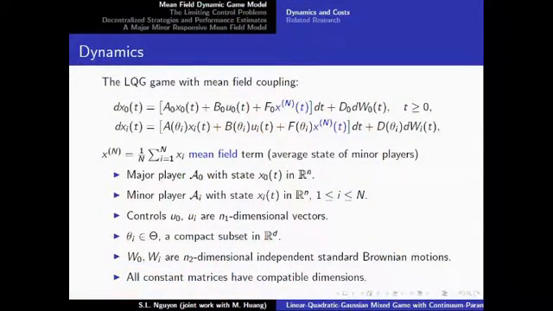Let's consider the dynamics of the players. The dynamics of the major player is described by a linear stochastic differential equation like this. The second equation is the dynamics of a representative minor player. x_N stands for the average state of the minor players, that is, the average of the states x_1 to x_N. u_0 and u_i here are controls.